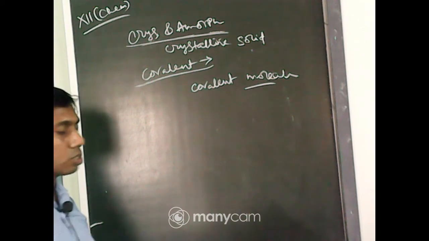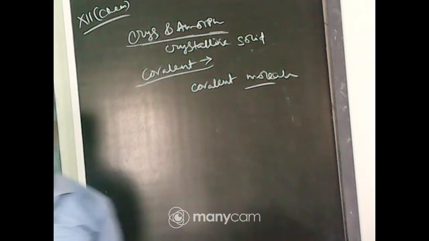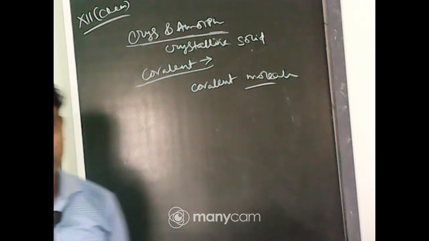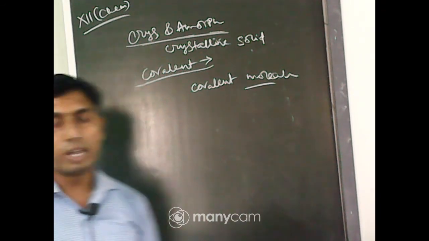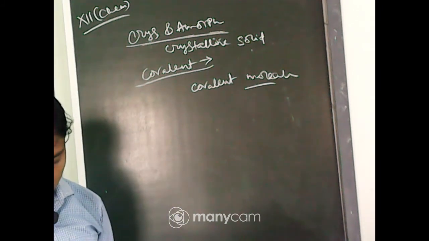Sometimes they also conduct electricity, for example graphite can conduct electricity, and sometimes they are very strong when carbon compounds are involved.